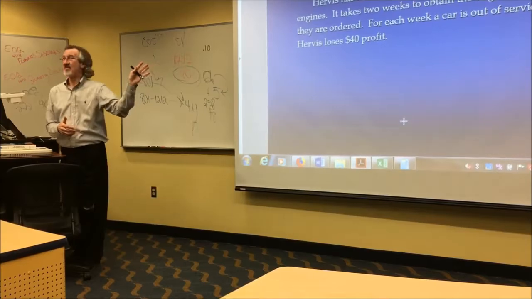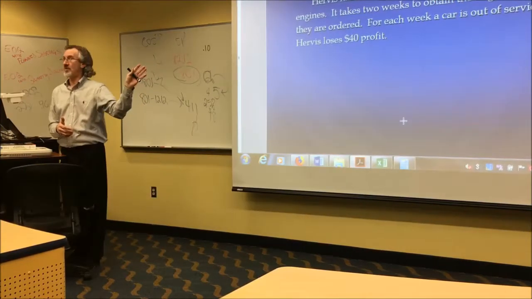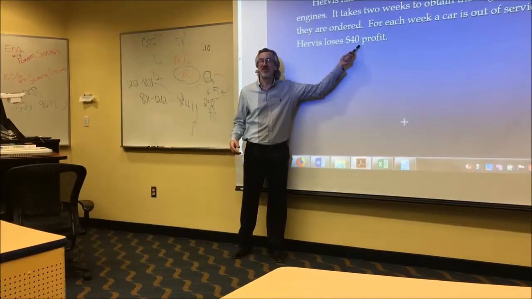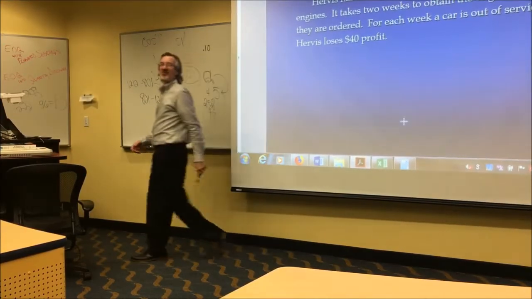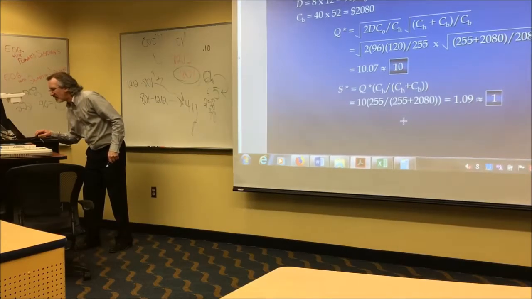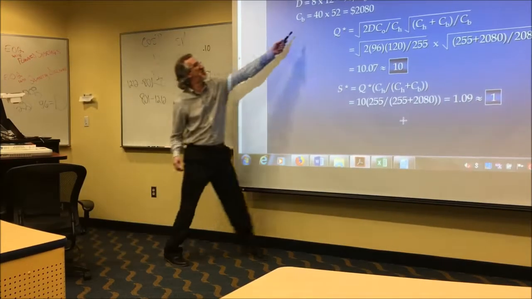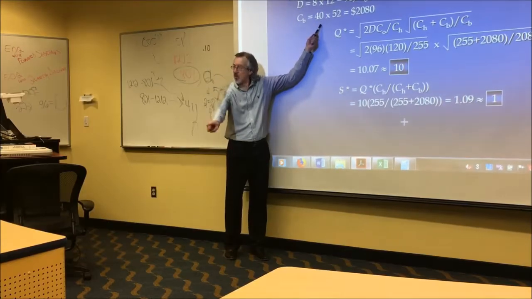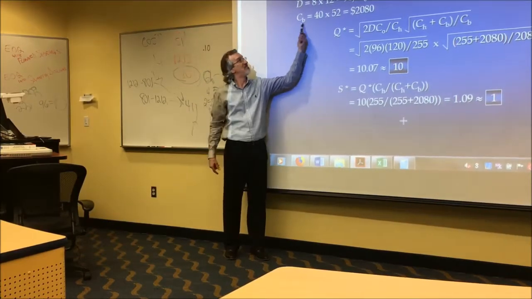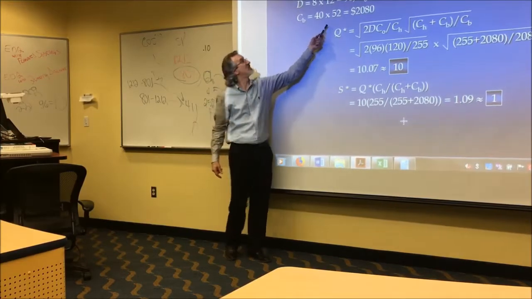Does it say? If it doesn't say, you're going to assume they're open every week. So how are you going to calculate that back order cost then? 40 times 52, there's 52 weeks a year. Every single week, we lose $40, so a yearly back order would be $2,080.